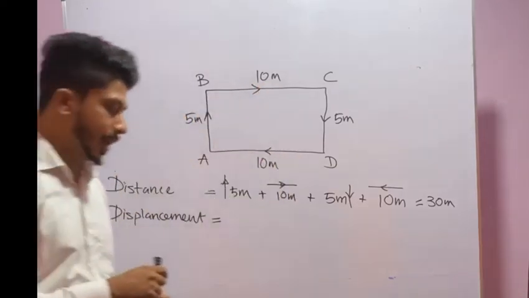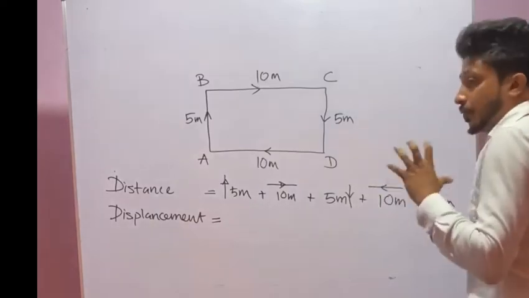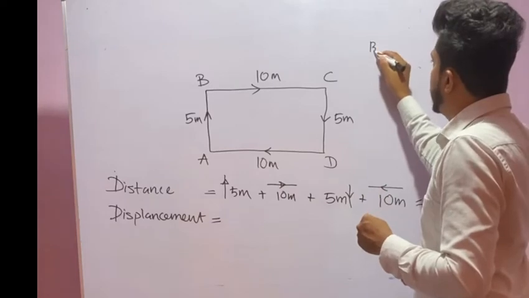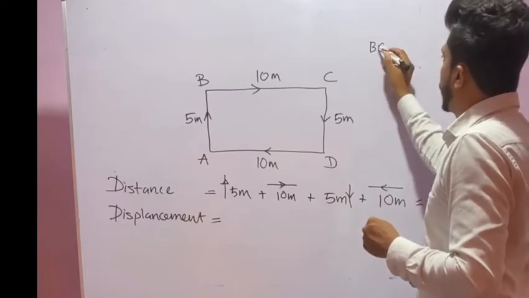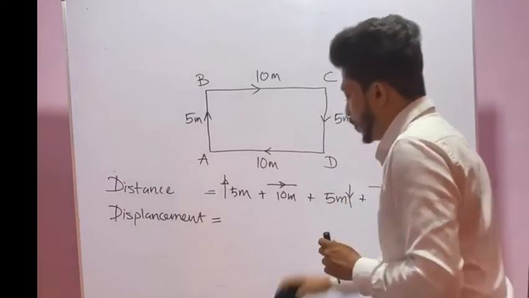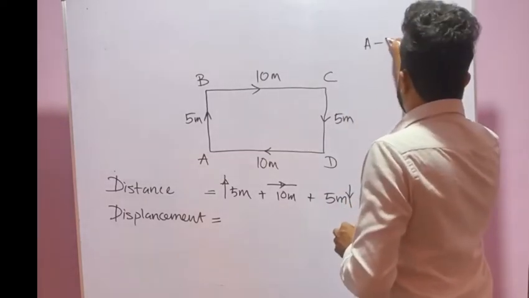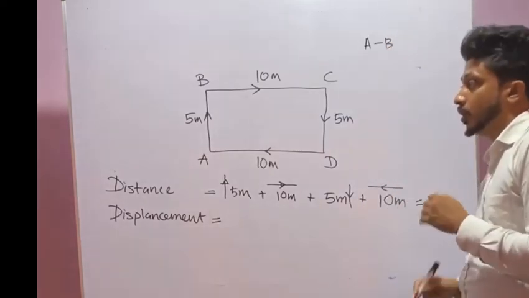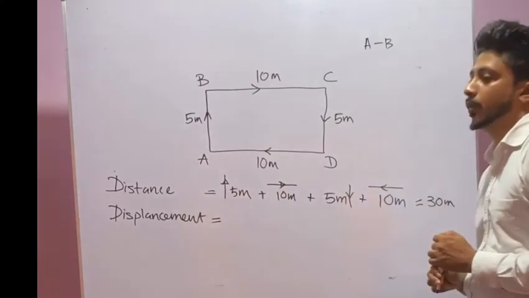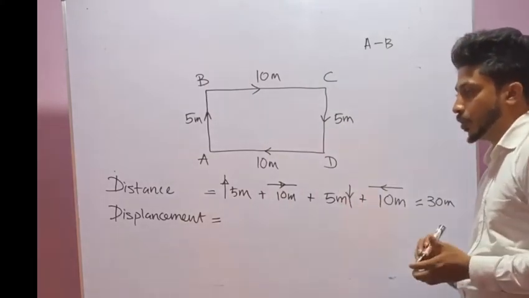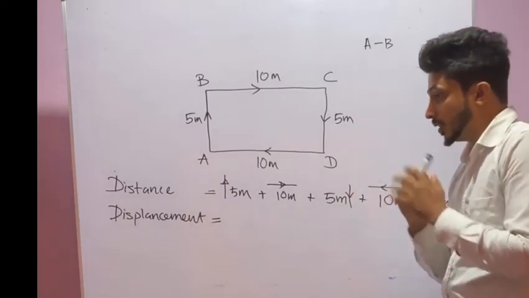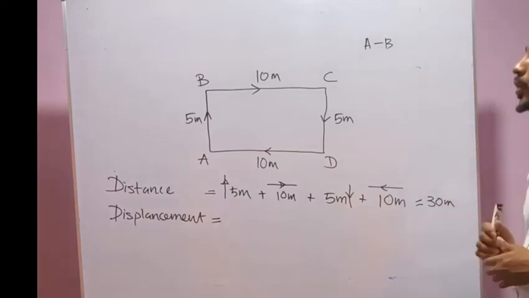Okay. Before that, if I ask you to please consider the motion only from A to B. I have told you, if you were asked to calculate the displacement, what is the first thing you have to do?